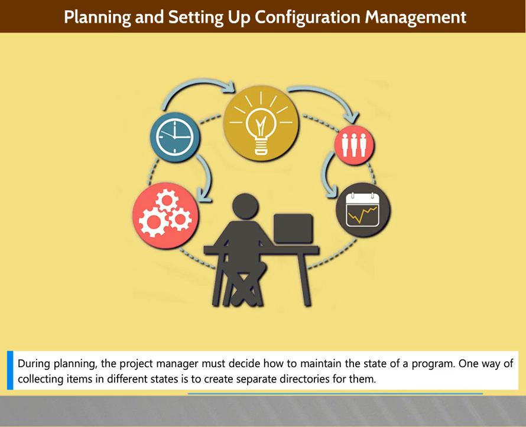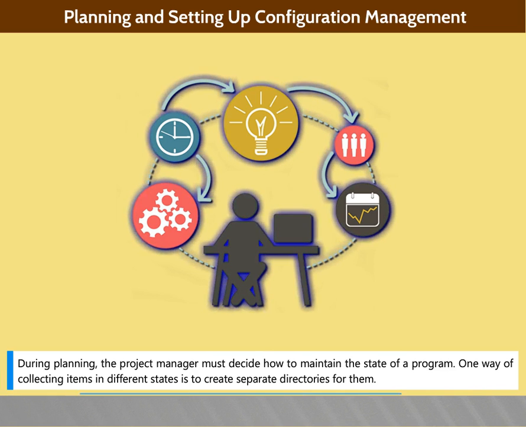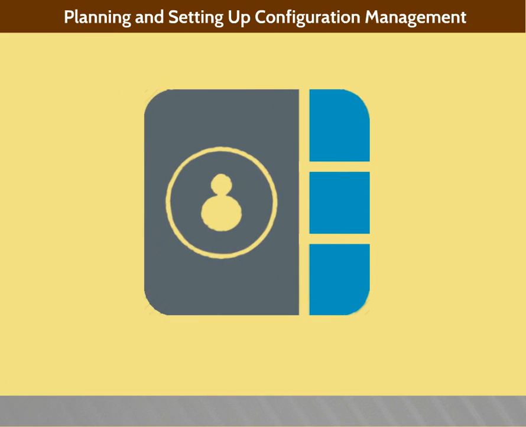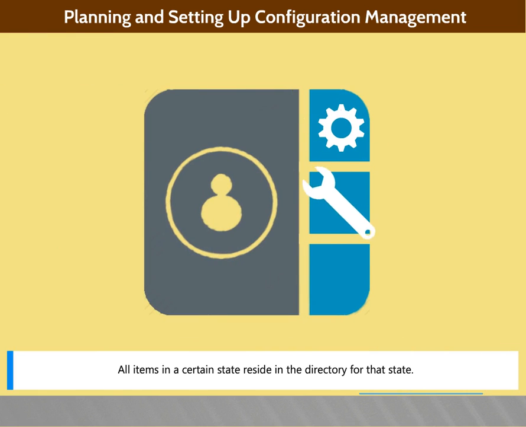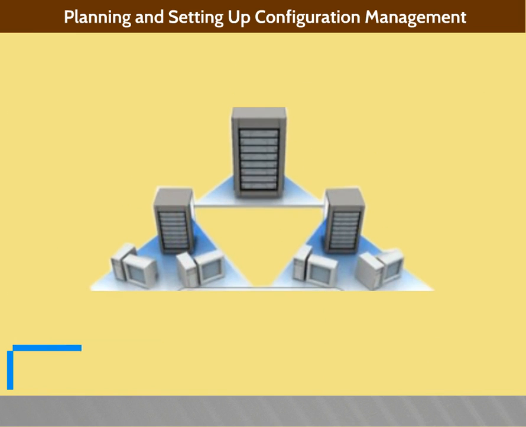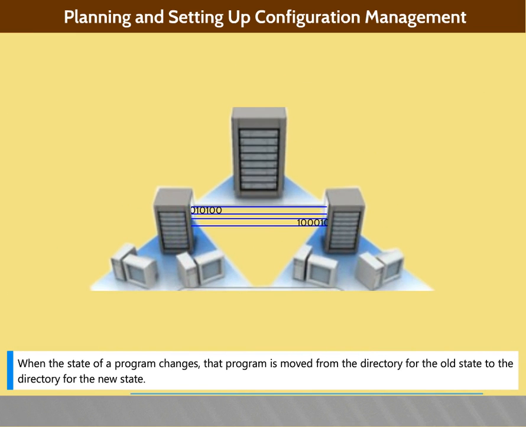During planning, the project manager must decide how to maintain the state of a program. One way of collecting items in different states is to create separate directories for them. All items in a certain state reside in the directory for that state. When the state of a program changes, that program is moved from the directory of the old state to the directory of the new state.